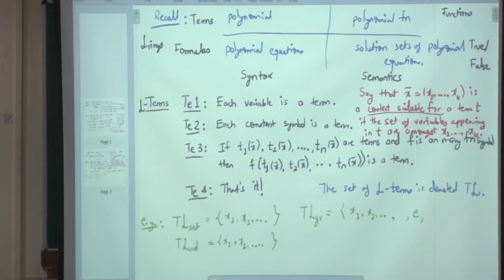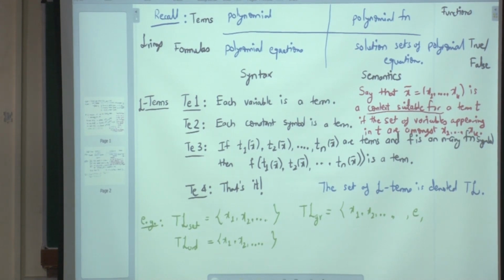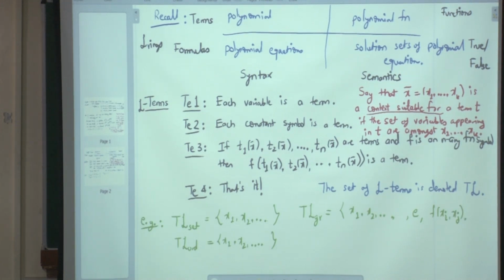So I can say f of xi xj, then I can say f of e comma xi. I can also say something like f of xi xj, f of xk e. I can apply it iteratively, correct? And there is also one more symbol which is inverse, and that I can use also.